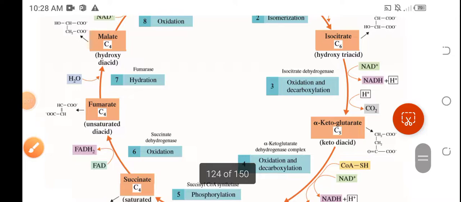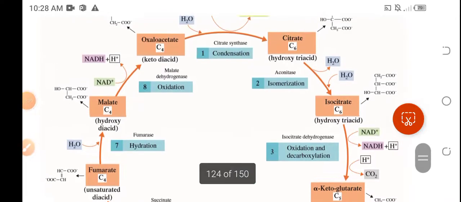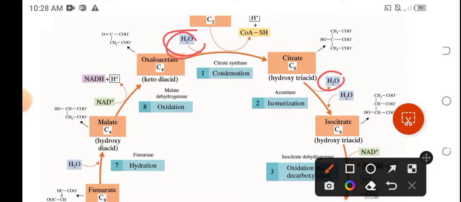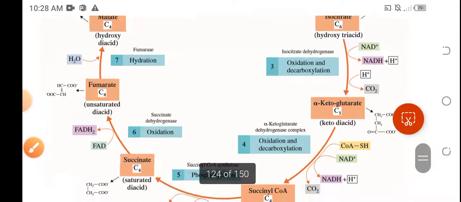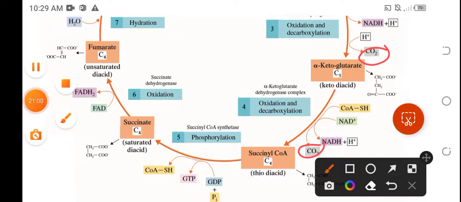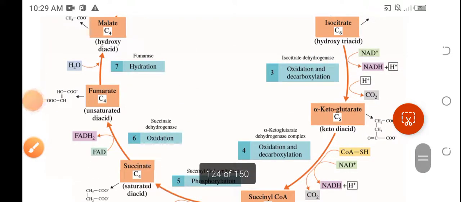Okay? So, pag titignan din natin, may water na ginamit, tapos nagtanggal ng water, tapos nagdagdag na naman. Okay, so maka-cancel din yan mamaya. Meron din tayong mga na-produce na dalawang carbon dioxide. Ilang beses tayong gumamit ng NAD.